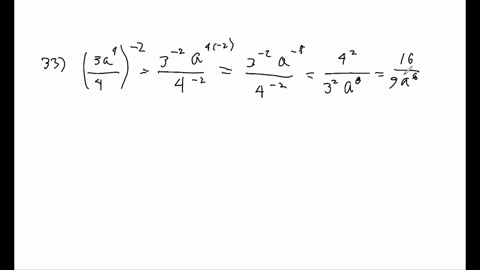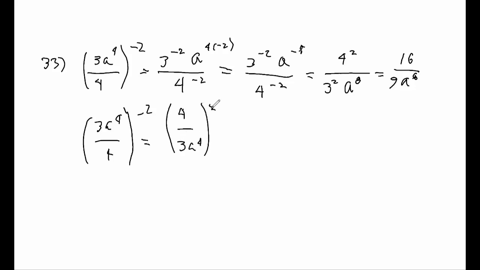Now the other way I can do it with a little bit of a shortcut: seeing that I have a quotient inside the bracket and I have a negative exponent on the outside, I have 4 over 3a to the fourth, all to the negative 2, and now what I can do is say 3a to the fourth over 4, and now it's to a positive 2.